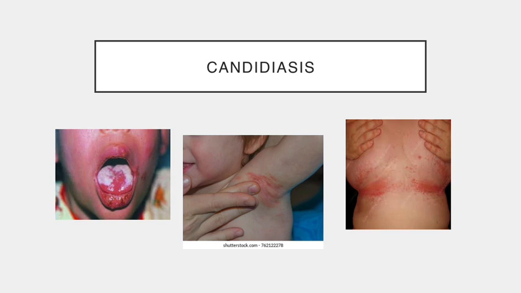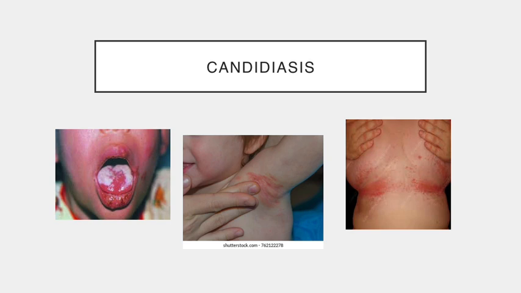The photo on the left is a very obvious picture of oral thrush, but you can see this in all age groups, as depicted here in the child, and it's usually in areas of folds. So under the breast, for example, under the abdominal fold, in the groin area.